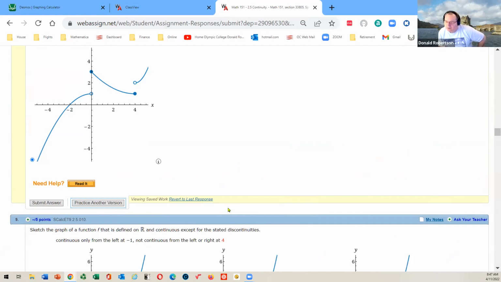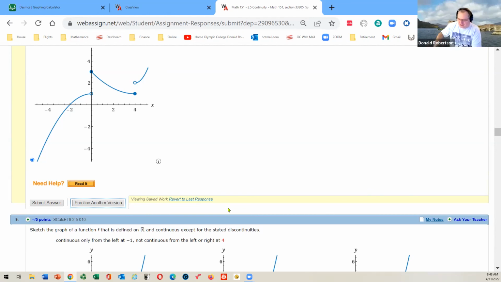Has it been helpful? I think practice another is helpful because if you don't understand the problem, it doesn't waste all of your attempts. It's slightly different, so it doesn't tell you the answer, but it gives you at least a better idea of what you've been asked. That's good. I've been told by other students that sometimes you know the right answer, but you don't quite know what WebAssign wants you to write the right answer as.